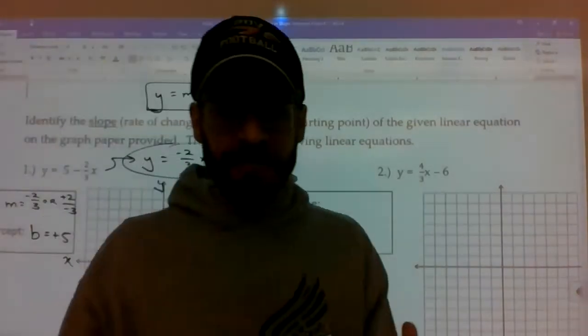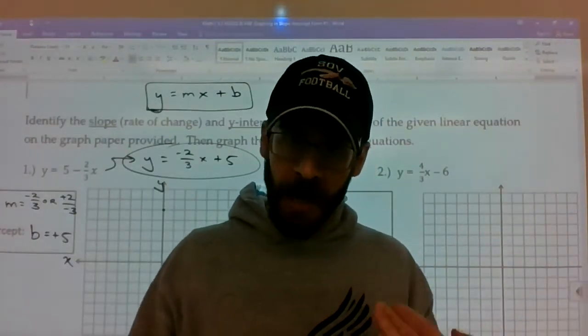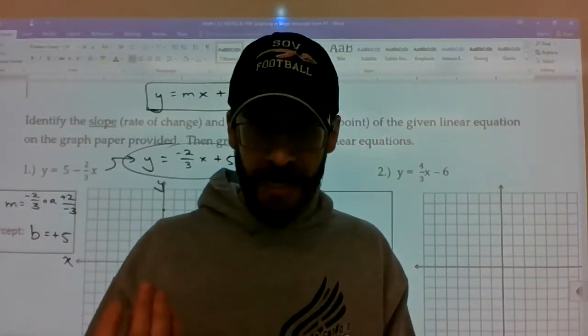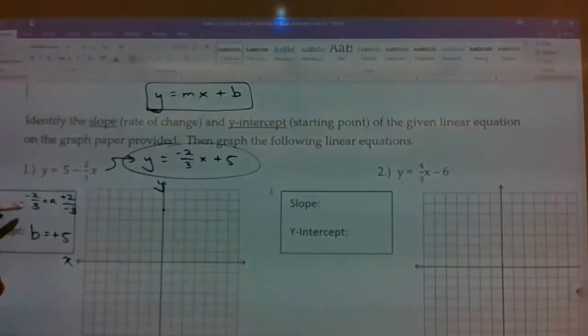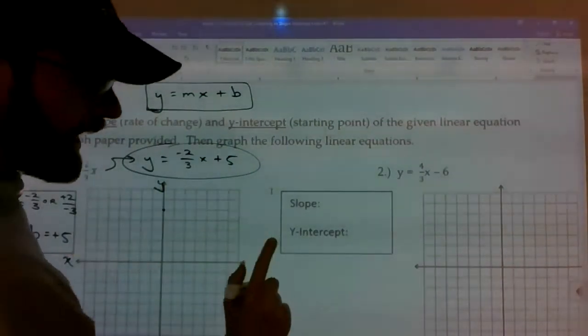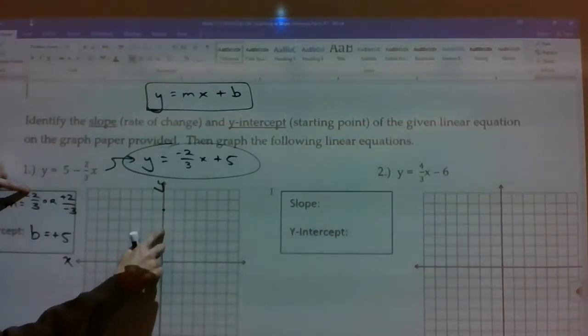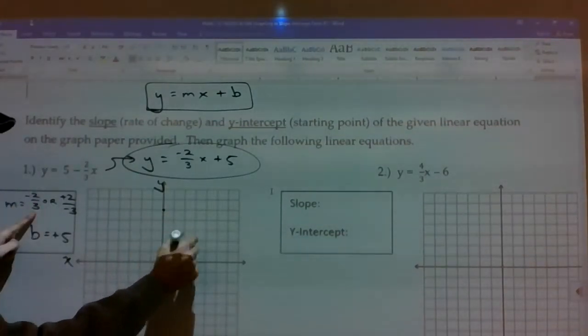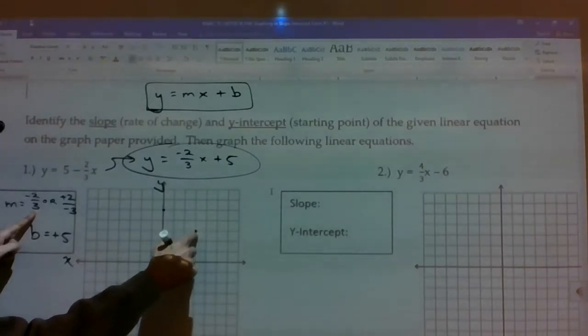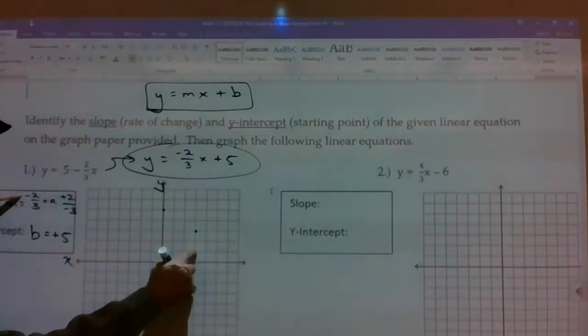Basically, you can get a negative number by taking a negative divided by a positive, or a positive divided by a negative. And what that does is it tells us that your rise over run is going to be down 2, right 3. And you could plot another point, down 2, right 3.